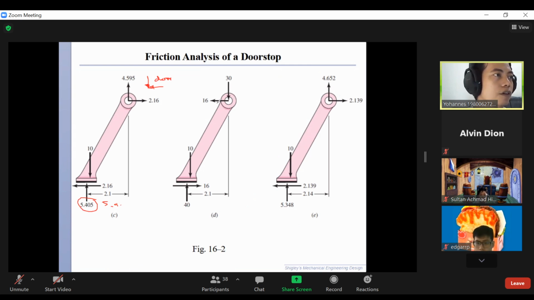But if the direction of force applied on this doorstop changes, then we have a larger normal force. And of course, the consequence is we will get higher friction force with the same geometry, only due to the change of direction of this input force.